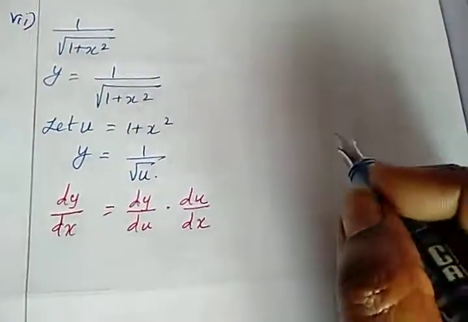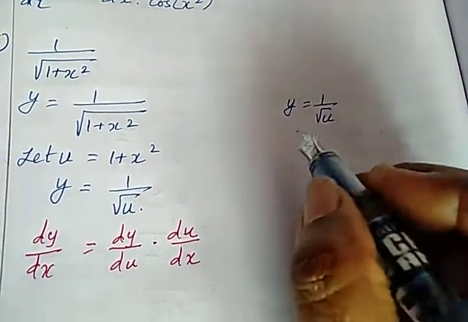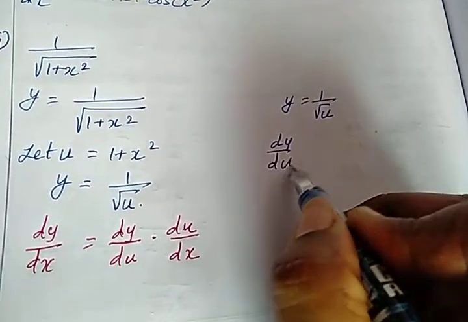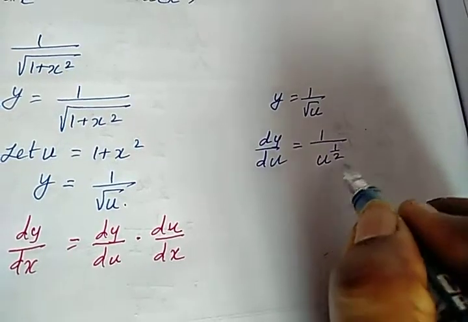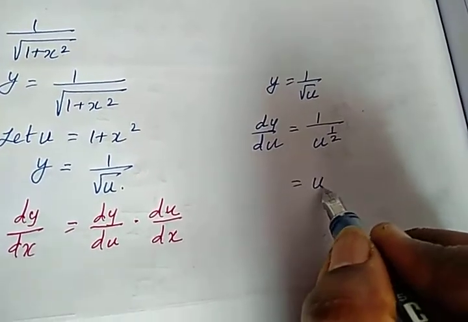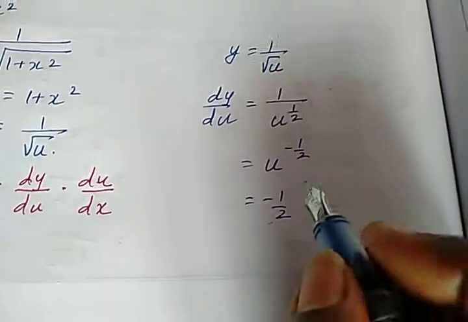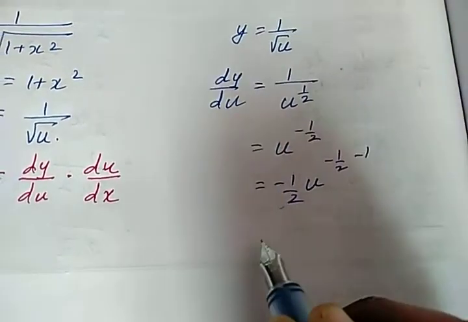Now, differentiate this. y is equal to 1 by root u. You are going to differentiate. So dy by du equals, this root u can be written as u to the power half. Take it to the numerator. You will have u to the power minus half. Now, differentiate: minus half u to the power minus half minus 1.